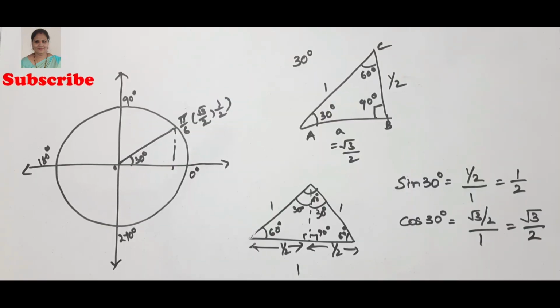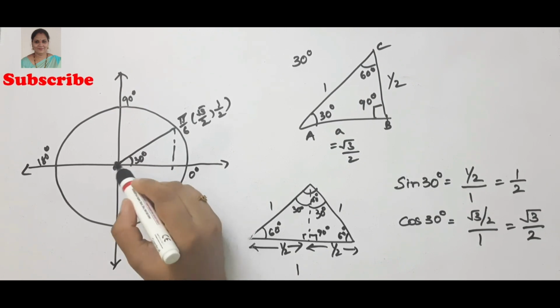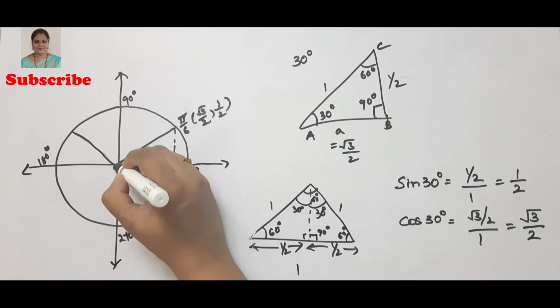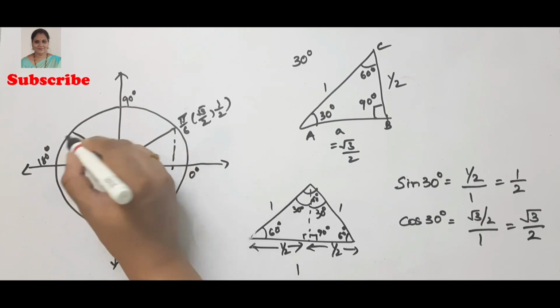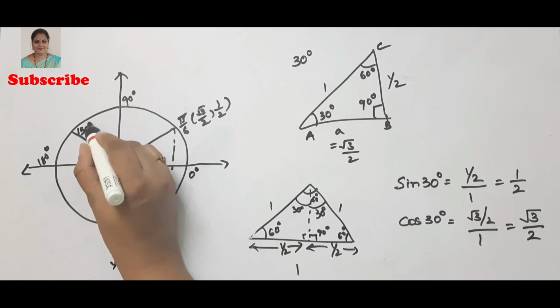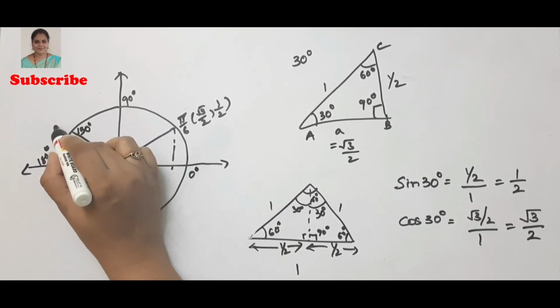Now, as we did for 30 degrees, if we calculate in the same manner at 150 degrees, that is 180 minus 30 degrees, that is at 150 degrees. This 150 degrees in pi radians we can write as 5 pi by 6.